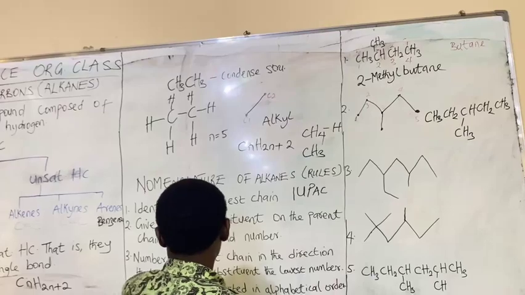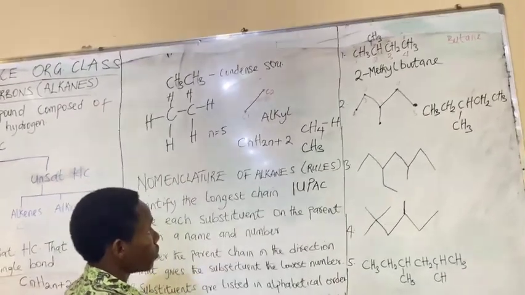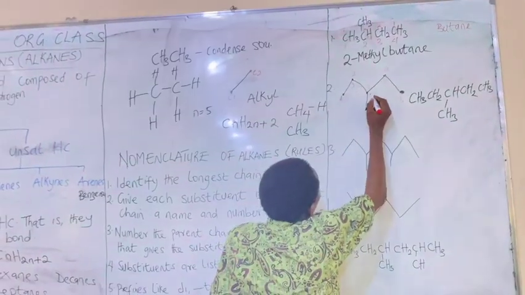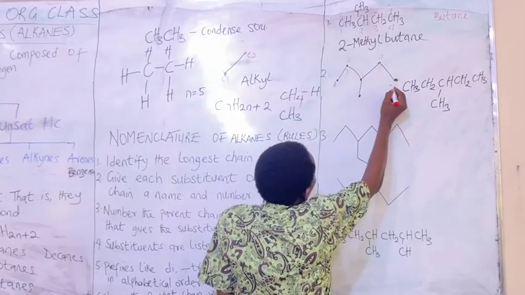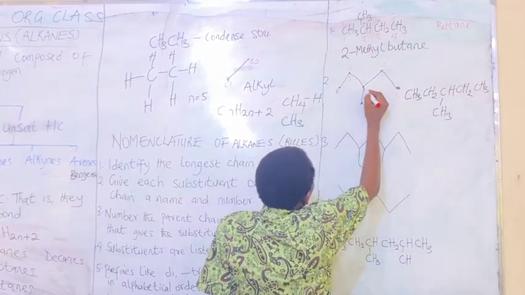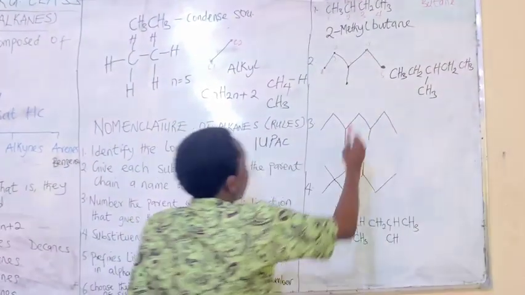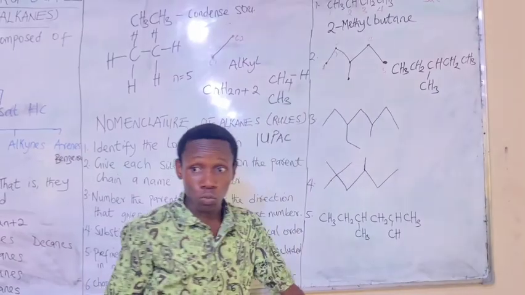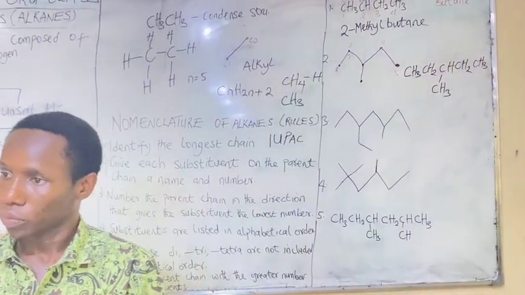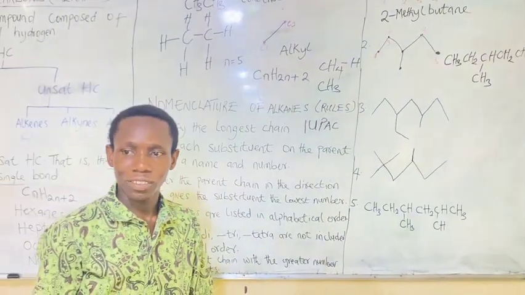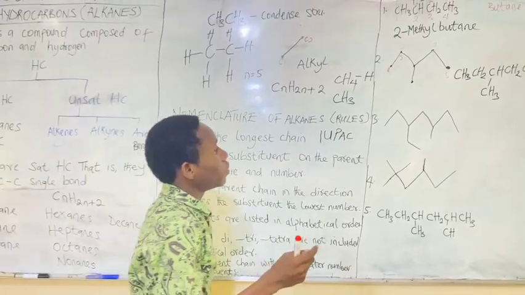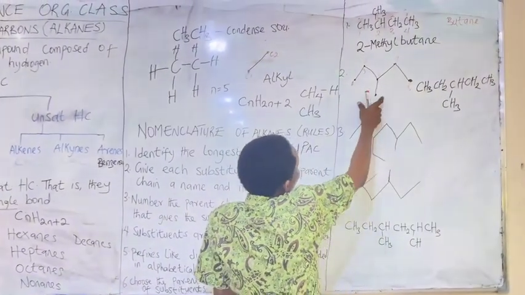The next thing would be the substituent. If you count it this way, the substituent will be on carbon 3. If you take it the other way, the substituent will also be on carbon 3. So either way, it will be correct. What then would be the name of this hydrocarbon?